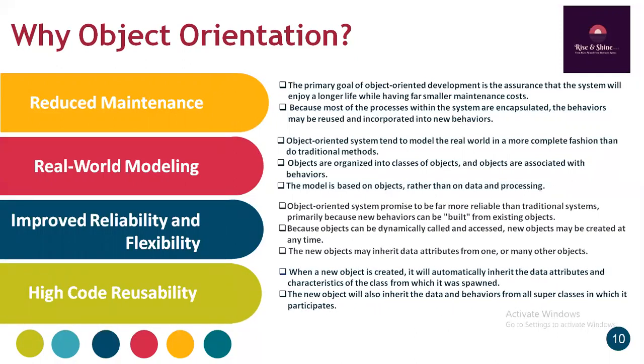Higher level code reusability: when a new object is created, it automatically inherits the data attributes. Due to all these things, reduced maintenance, real world modeling, improved reliability, flexibility, higher code reusability, higher level of abstraction, and seamless transition from one phase to another, object orientation is the need of today's software development.